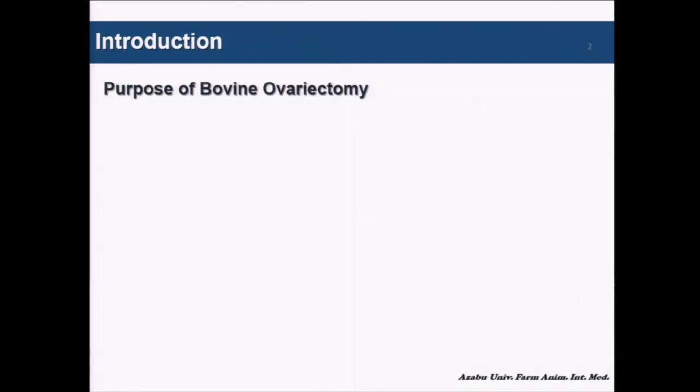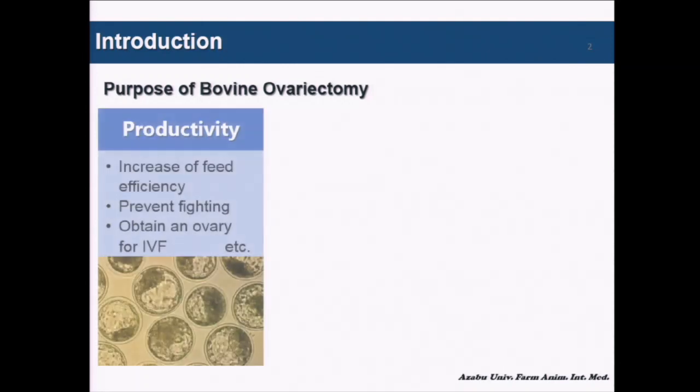Ovariectomy in cows is performed for three main purposes. At first, it is productivity. From this standpoint, the ovariectomy is performed to increase feed efficiency, prevent fighting within the herd, and obtain the ovary for in vitro fertilization when ovum pickup is difficult.